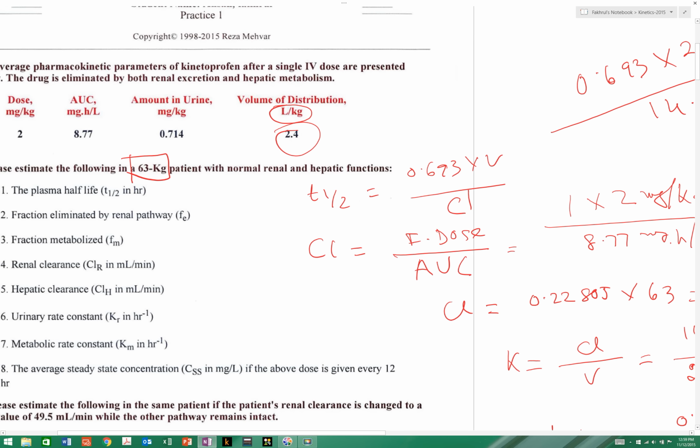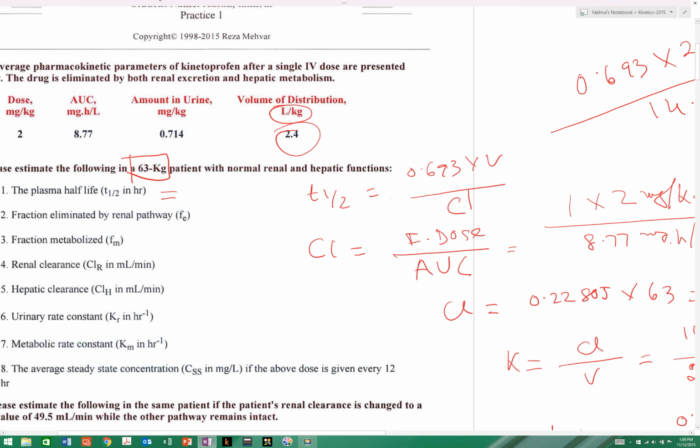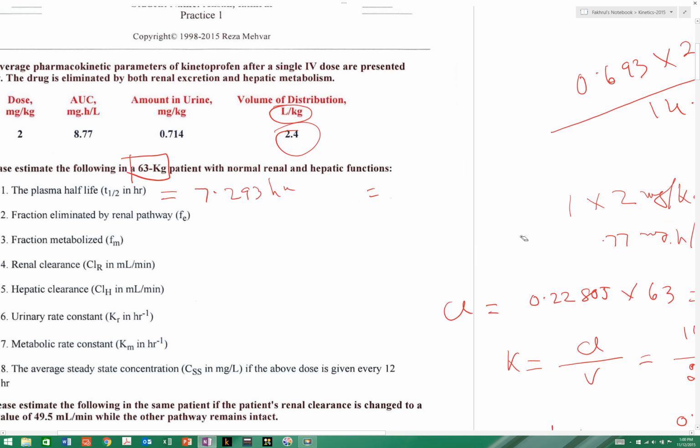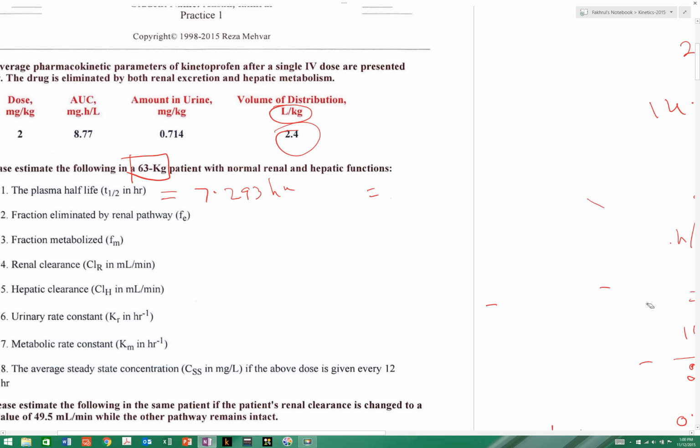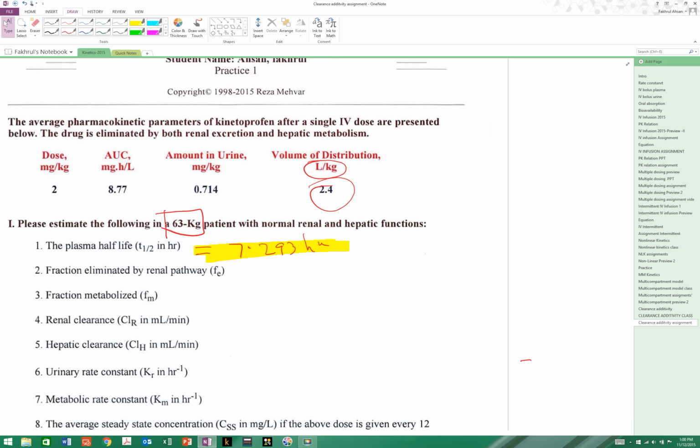So what we figured is that your T half is 7.293 hours. This is a long calculation, with lots of steps, but something you have done many times. So this would be your T half.